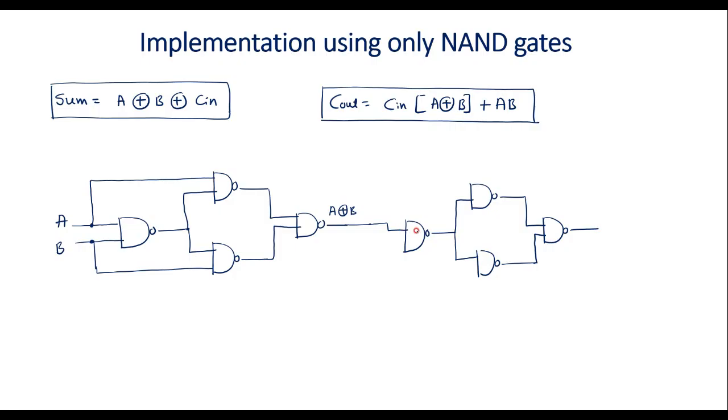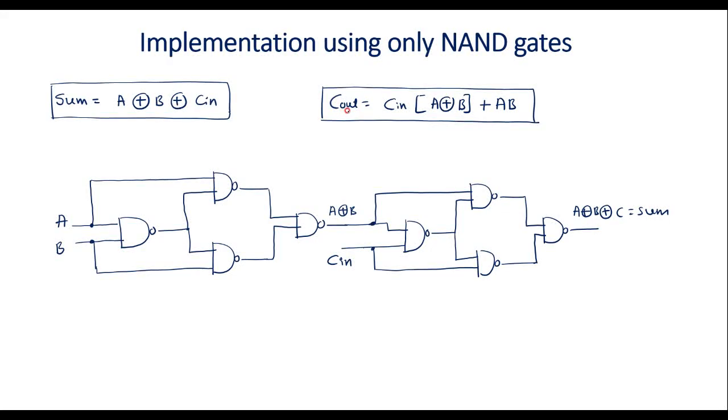This is one input for the last NAND gate, and the other input is Cin. The outputs are connected here and here. So the output of this is A XOR B XOR Cin, which is equal to sum. This sum is implemented using only NAND gates.